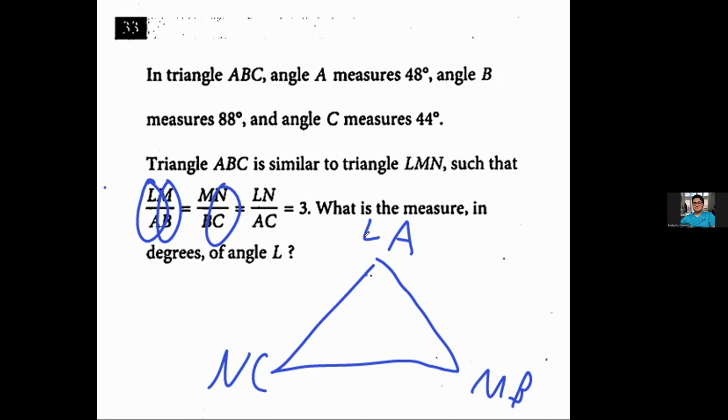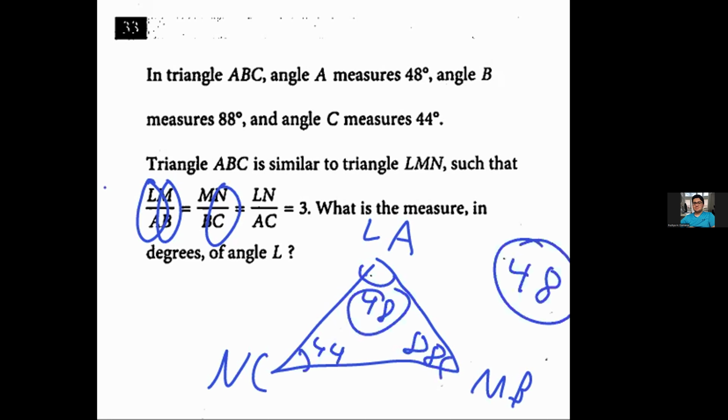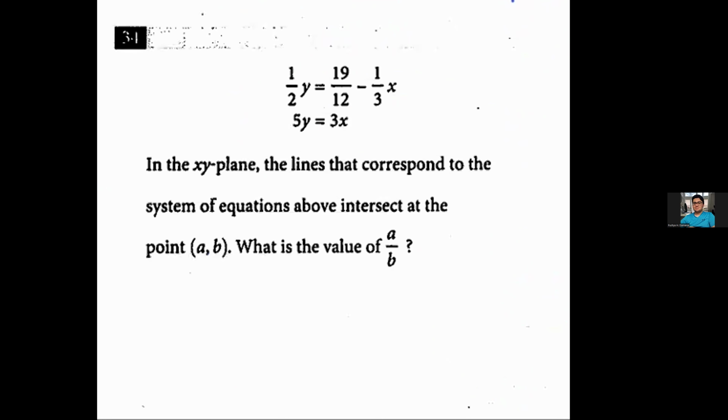L and A are both 48 degrees, M and B are both 88 degrees, and C is 44 degrees. So the measure of angle L is just 48 degrees. Okay, question 34.